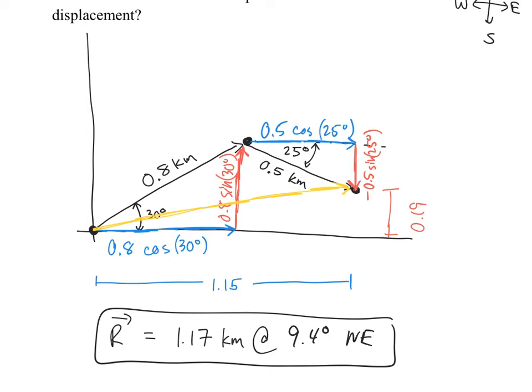How'd you get 9.4? I took the angle here, James, which is theta, and I wrote a trig ratio. I have the adjacent length, which is this, and the opposite, which is this. So tangent of theta, this is what we were talking about yesterday real quick. Tangent is opposite over adjacent.